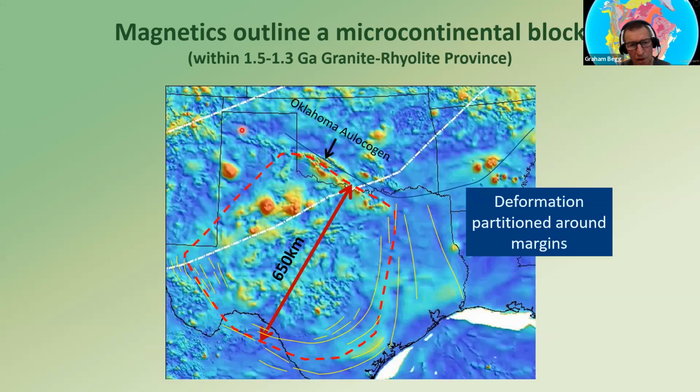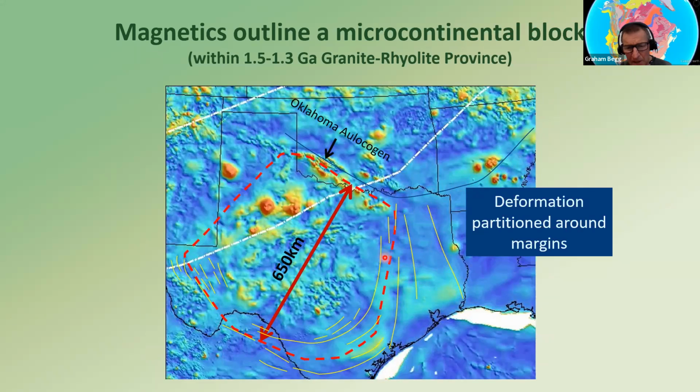Here's the Oklahoma aulacogen, quite a distinctive feature in the magnetics, quite a strong linear feature, and then it joins up with the Arkoma Basin and the Reelfoot Rift as you go further east. But interestingly, you can also see a series of broadly north-south structures, big discontinuities in the magnetics, clearly very large structures.